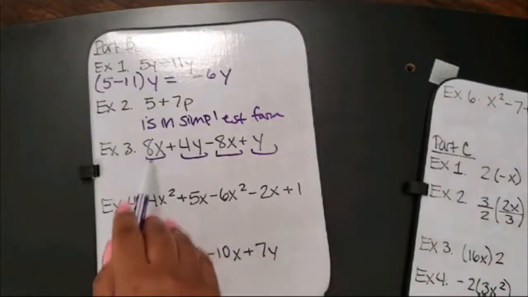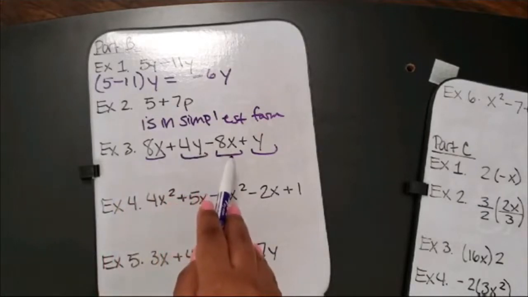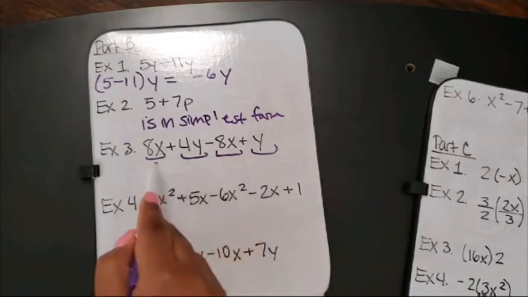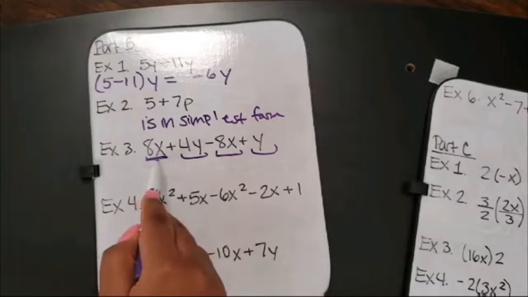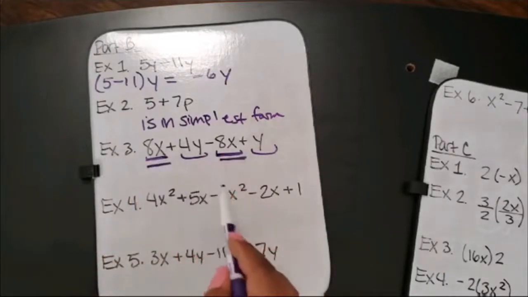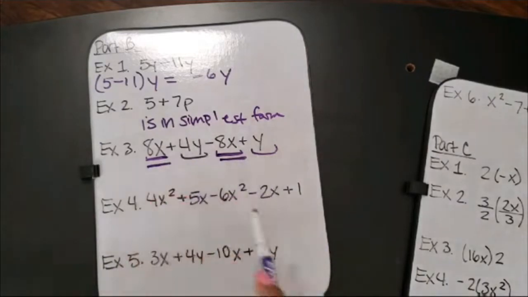So this term has an x, this one has a y, this one has an x, and this one has a y. So this one, the 8x, is like the negative 8x. And the 4y is like the y.